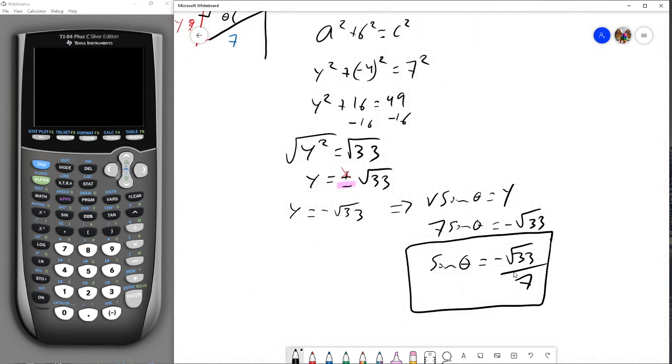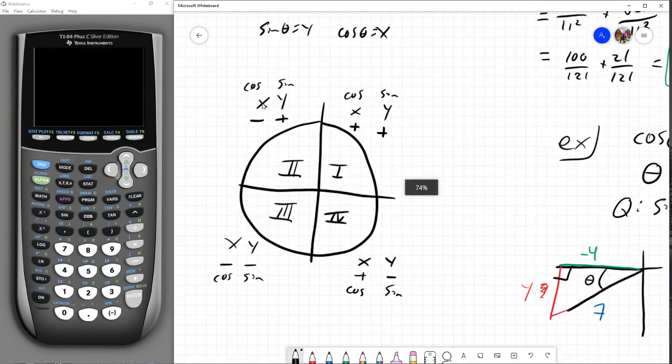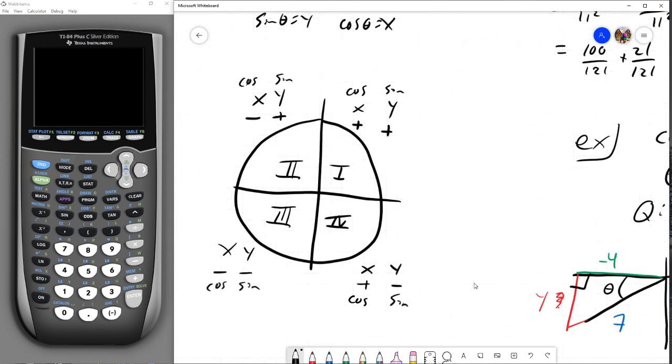Whether our answer for sine was plus or minus depended upon the quadrant. So keep this information about the quadrant in mind.